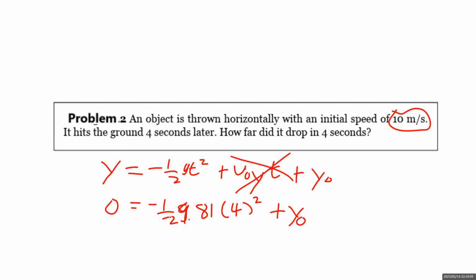And 4 squared is 16. 16 divided by 2 is 8. 8 times 9.81 is going to be around 78. Sorry, y naught is 78 meters. It's about 78 meters to 2 sig figs.